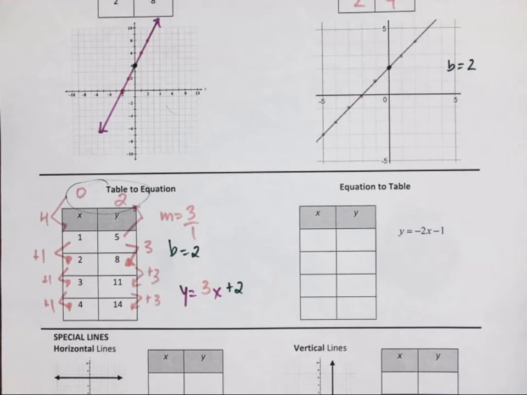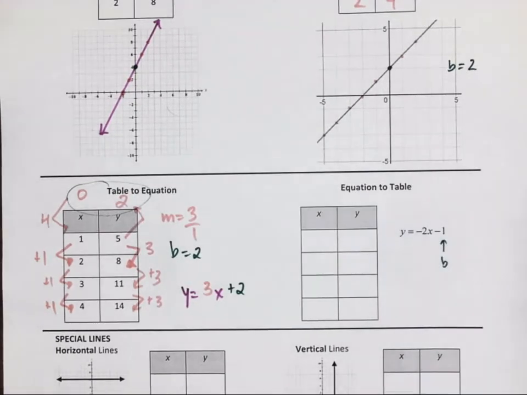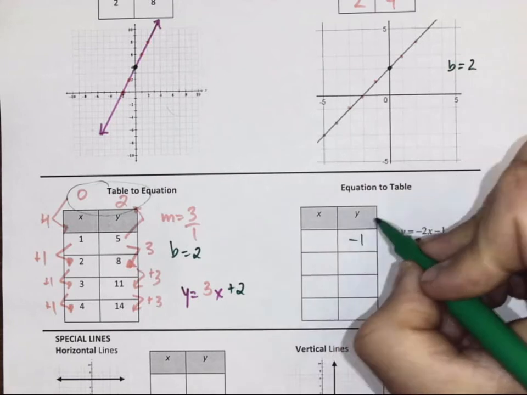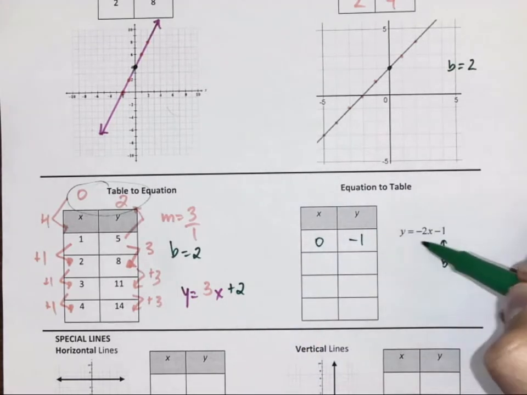Okay, equation to table. I could look and say, hey, here's my y-intercept, -1. That's when x is 0. I can choose any value for x, sub it in, and then solve.